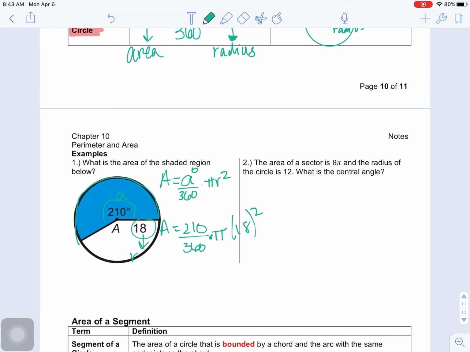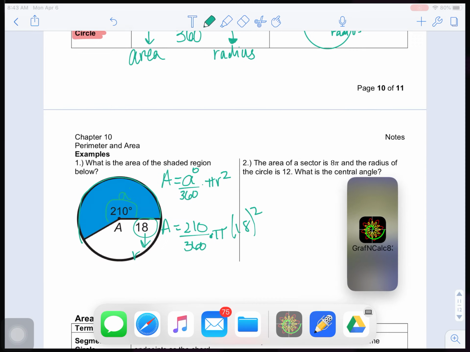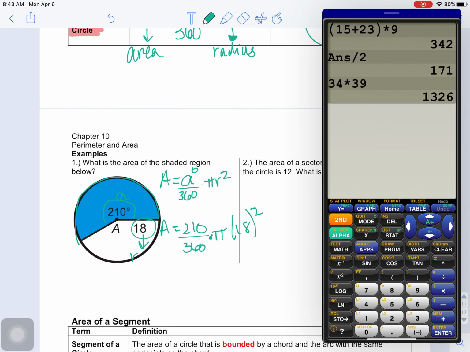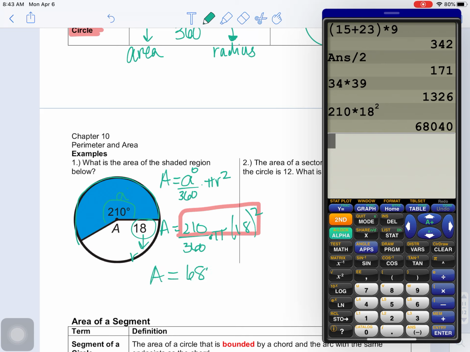Now, there's many ways that you can do this. I highly recommend you just going ahead and using your calculator. I'm going to go ahead and multiply 210 times 18 squared for just my numerator portion here. I'm not going to include my pi because I know I can leave my answers in terms of pi. So just that basic multiplication gave me 68,040 pi over 360.